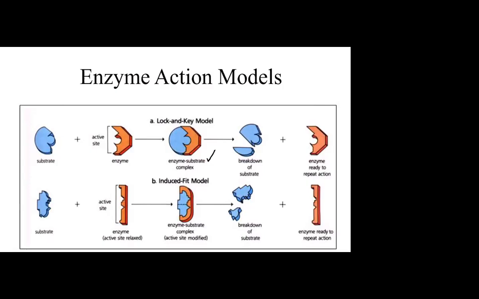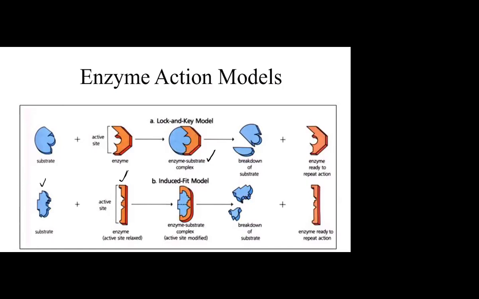Now, other enzymes utilize the induced fit model. And the induced fit model basically means that if you have an enzyme, as you can see in the bottom illustrations for the induced fit model, and then you have its substrate, in this case the enzyme is going to be a little bit more flexible.